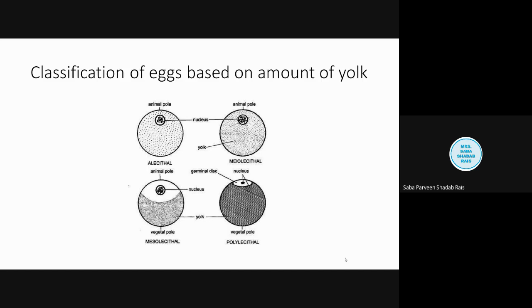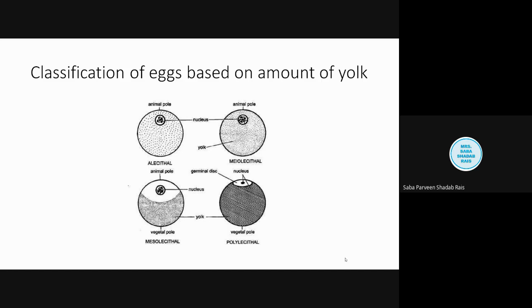When the amount of yolk is extremely small, definitely the egg will not be able to do complete development, because it is not getting sufficient quantity. So in that case, the animal will have several metamorphic stages. Metamorphosis is a process in which the developmental stages of the animal vary, like egg, larva, pupa, and so on.